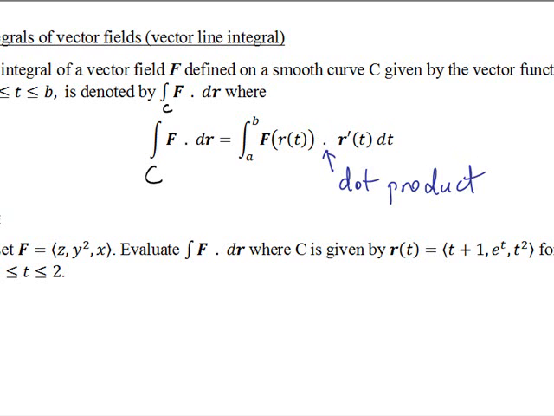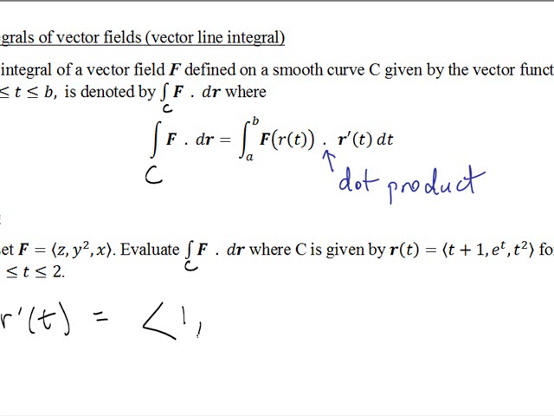All right, let's do some examples. Let the vector field be (z, y squared, x). Evaluate the vector line integral, where C is given by this vector function for t between 0 and 2. Okay, so the first thing we're going to find is r prime of t. You just differentiate every component of r of t.